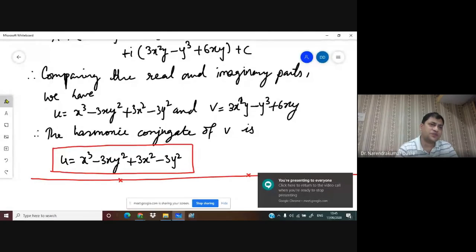Okay, so we are done with the harmonic conjugate now. So now we have to explore another concept related to the analytic function. So let us see that concept.